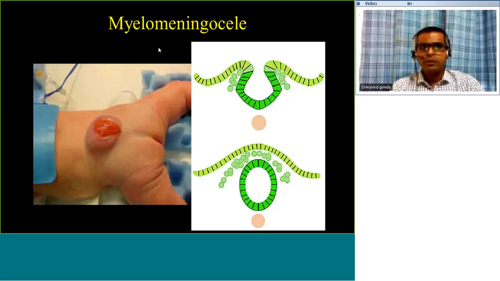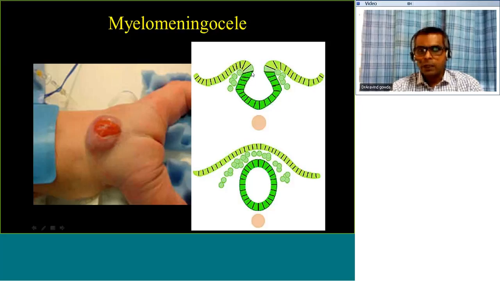So coming to the myelomeningocele, as I told earlier, there is a process of the formation of the neural tube. This neural tube will not be covered. When the neural tube is open posteriorly, it will give rise to the myelomeningocele. So the neural tube is not formed. Because the neural tube is not formed, there will be no apposition of the overlying epidermal tissue.